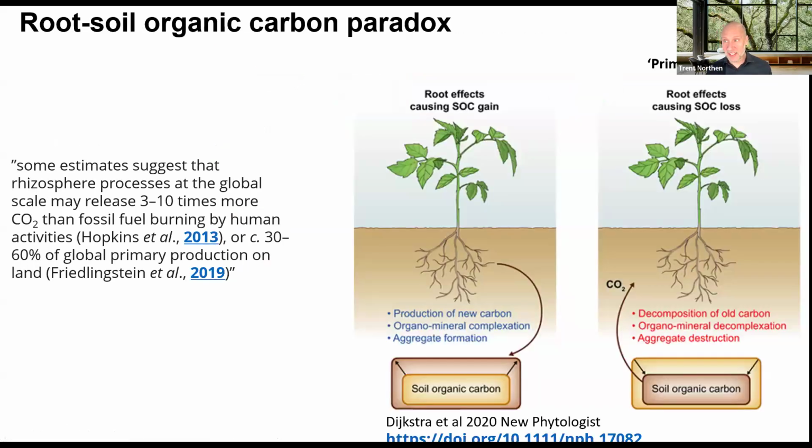And one other factor that is kind of bizarre, but really important to be aware of, is that growing plants, while you might think that it would lead to more carbon in soils, it could have the opposite effect.